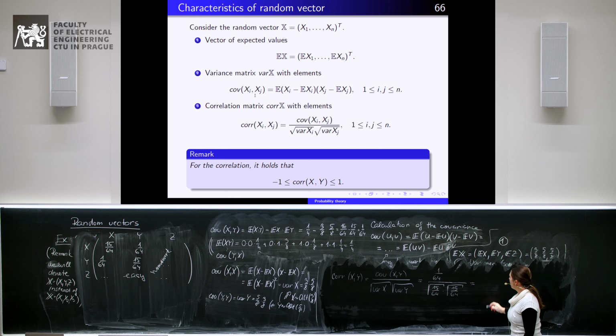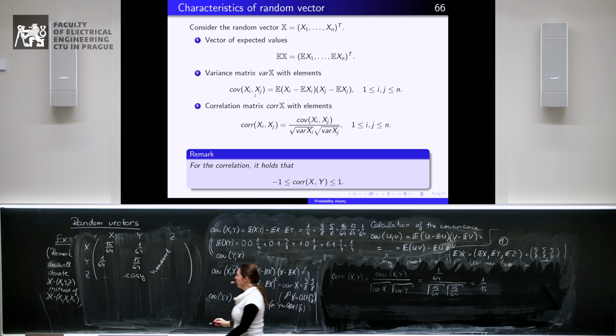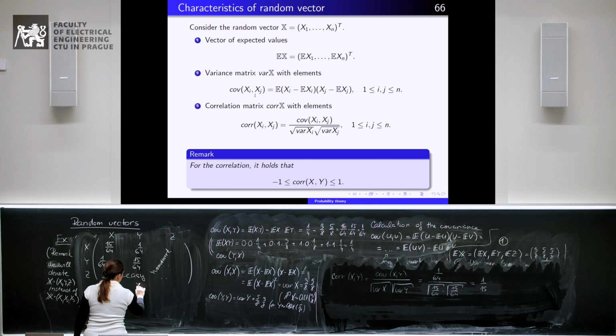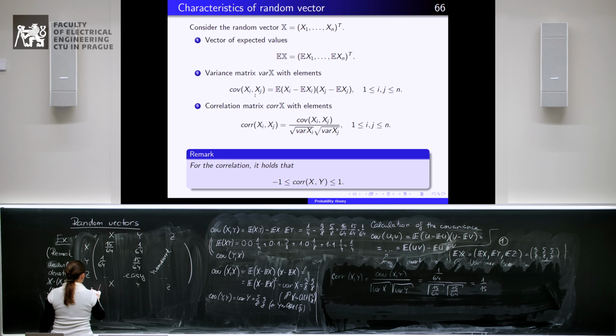So it means that the correlation in our case is 1 over 64 over 15 over 64, so 1 over 15. And again, we will write these correlations to the matrix given by 3 rows and 3 columns.